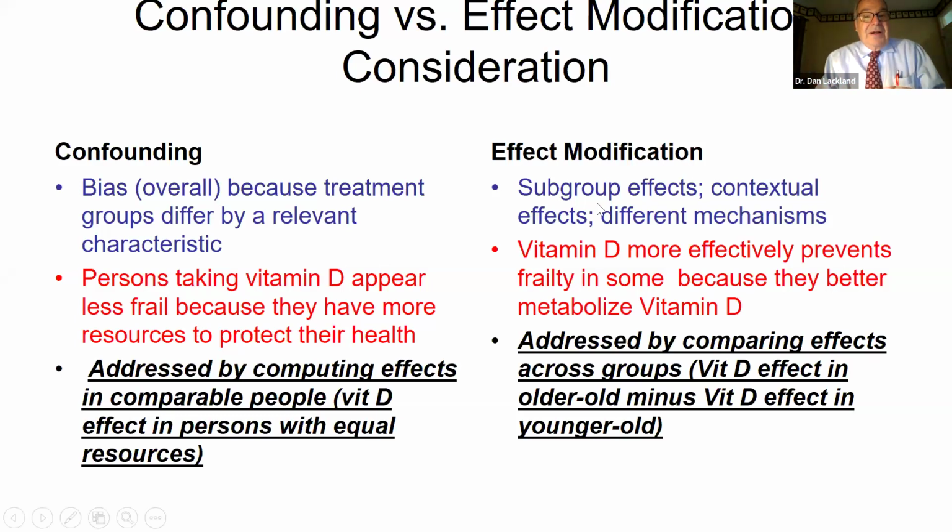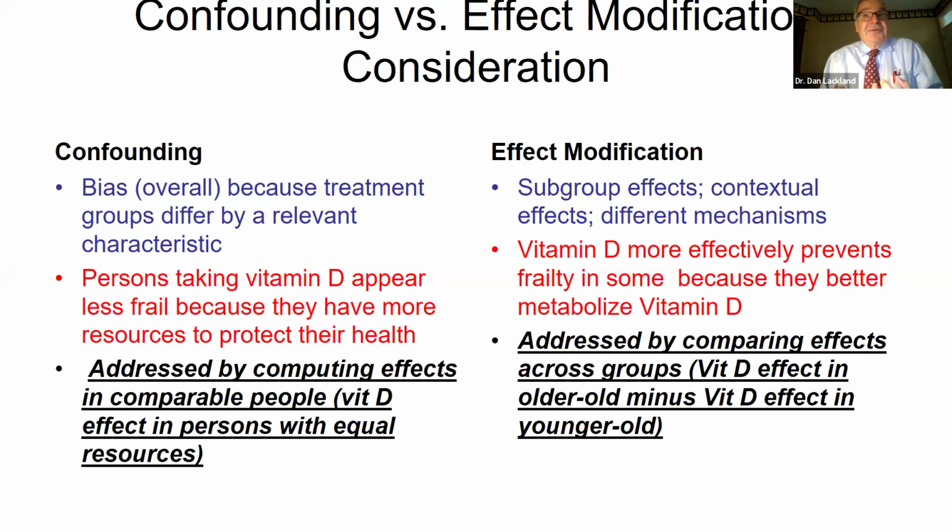As an effect modifier, though, there might be subgroup effects, and you might want to do that analysis. That might be something you really want to study: how does vitamin D work in women? How does it work in men, in young people, in old people? It's an effect modifier.